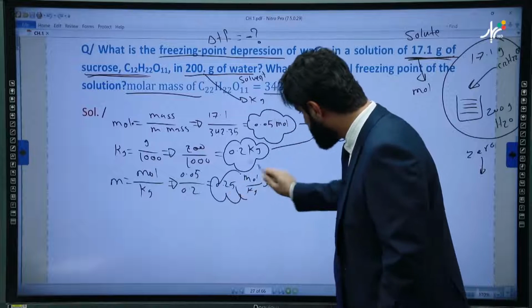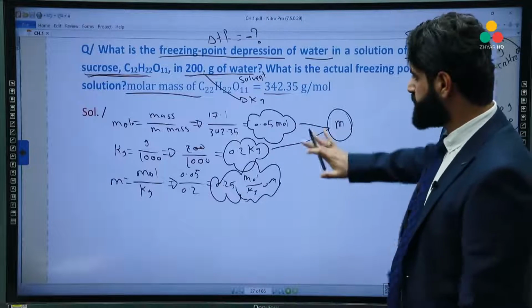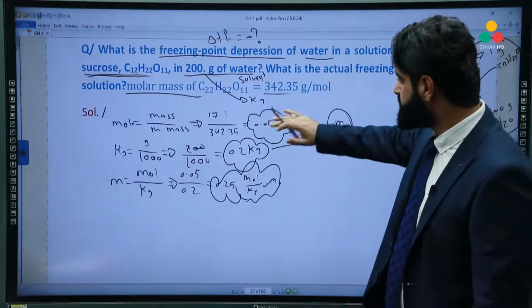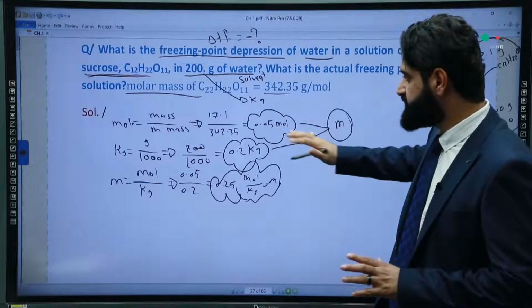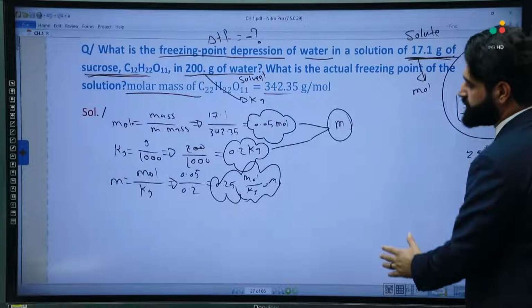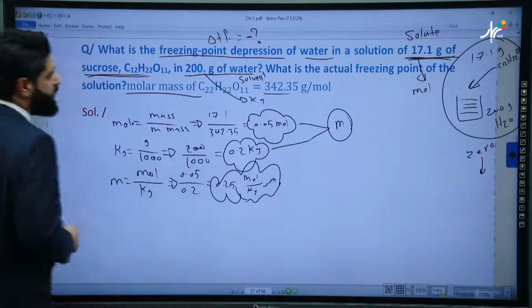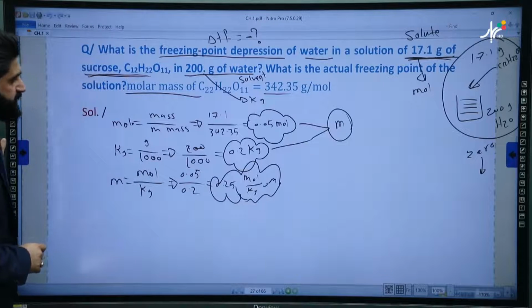So molality equals 0.25. Okay? Look at these steps carefully, so deeply, because I may delete them due to the lack of space, if necessary, of course. And now we are looking for delta TF.